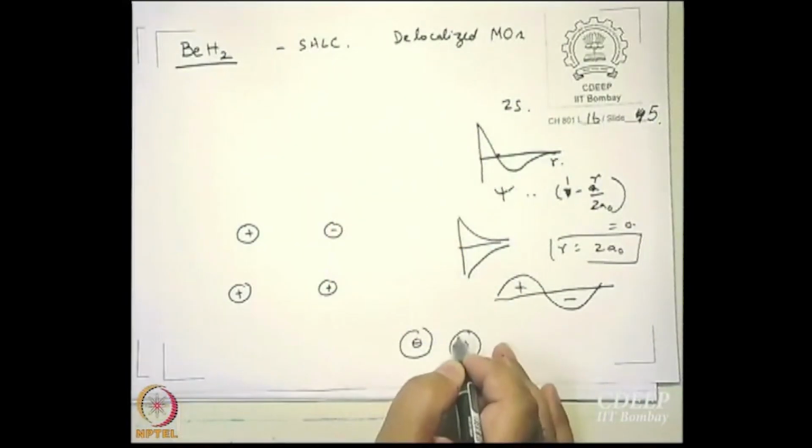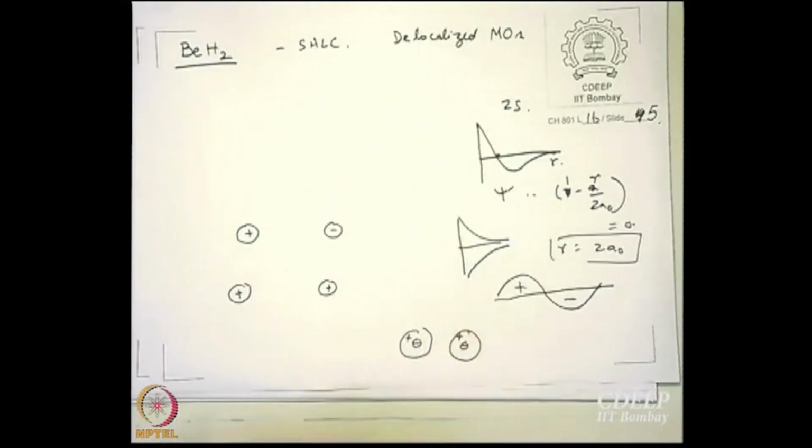So see what I have done. I have taken a combination of plus and minus. Here I have taken a combination of plus and minus, right? If it is 2s, then what will happen? This is one combination.